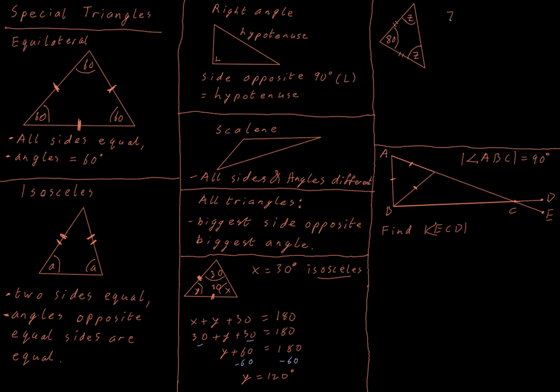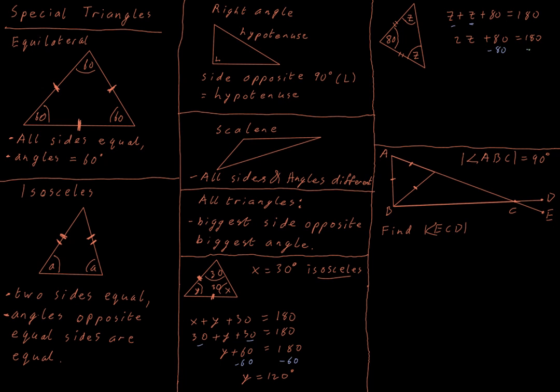So that tells me that Z plus Z plus 80 must add up to 180 degrees. So 2Z plus 80, I add up my like terms. This is just solving an equation. So I added up my like terms. I had my two Z's. So I have 2 times my angle Z plus 80 must add up to 180 degrees.